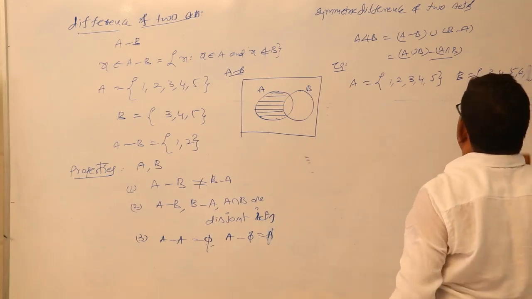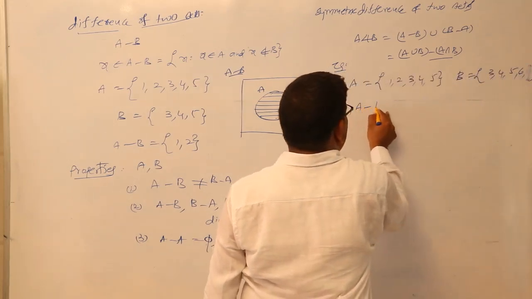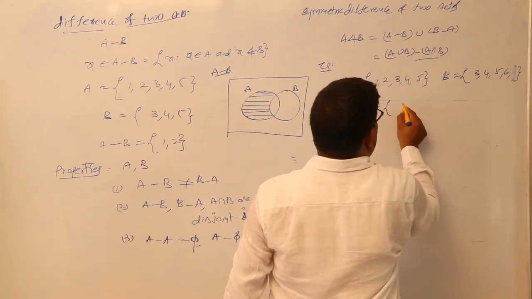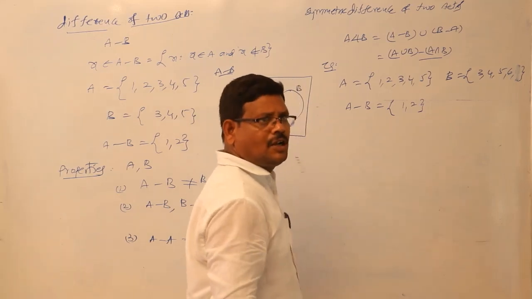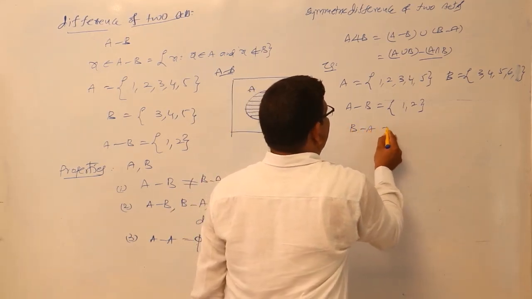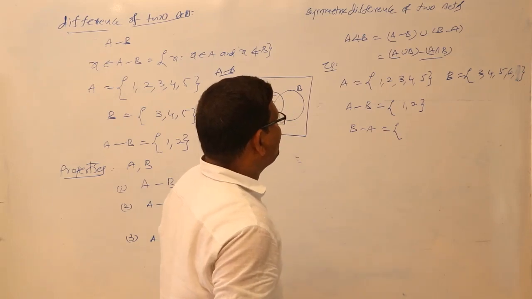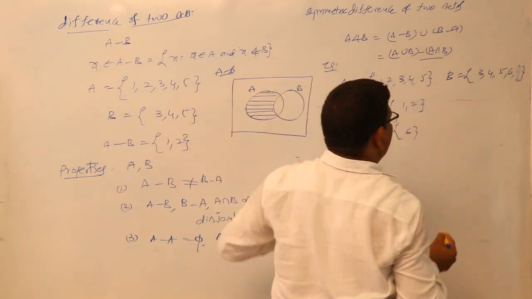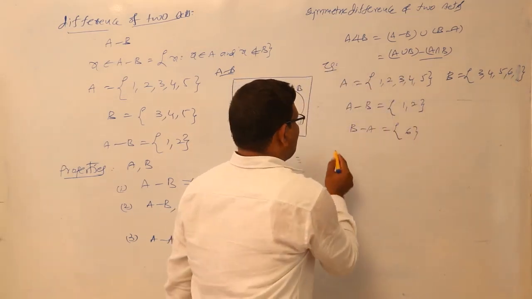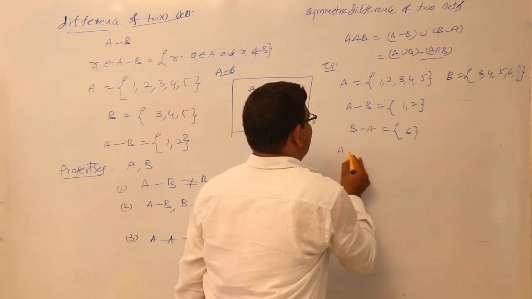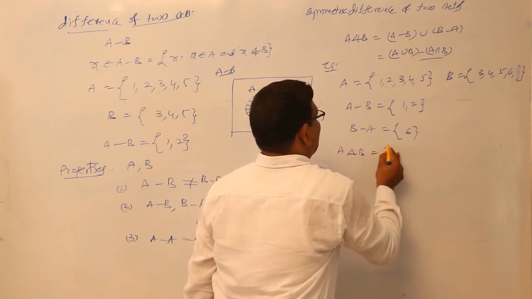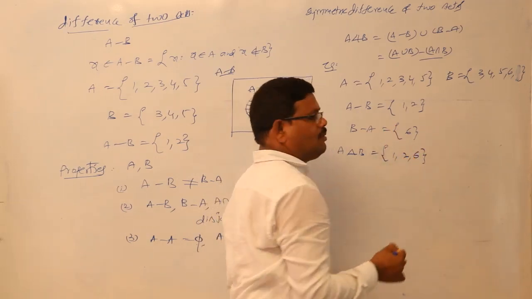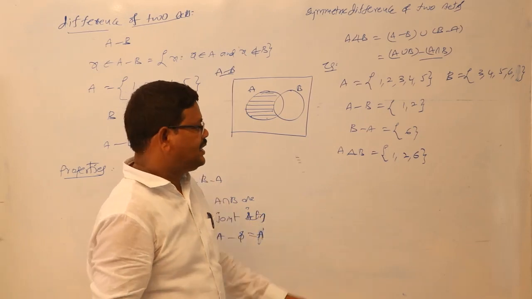Then A minus B is 1, 2, and B minus A is only the element 6. Then the symmetric difference between the two sets, A delta B, is 1, 2, 6.